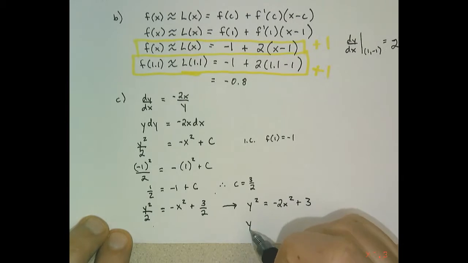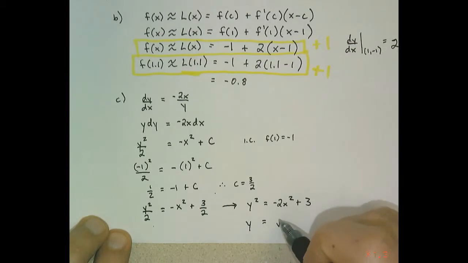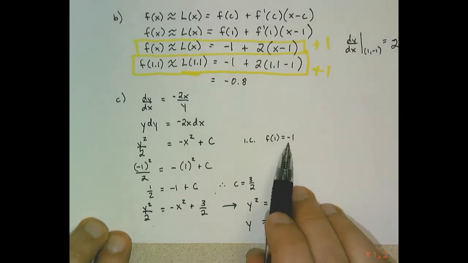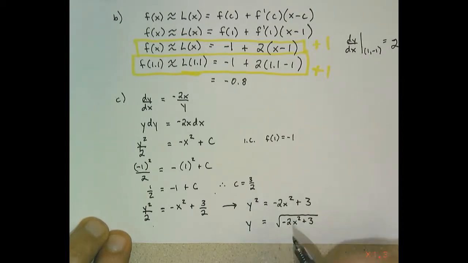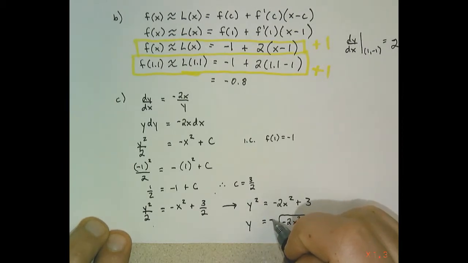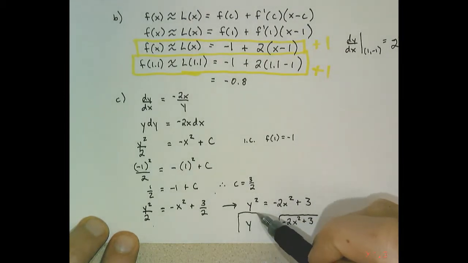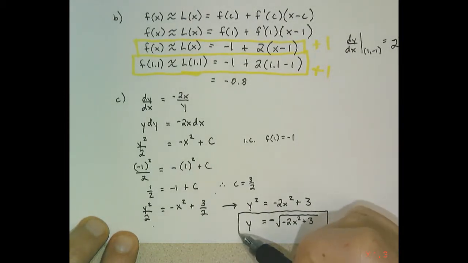And then square root both sides. Now when we take the square root, recall that it introduces an absolute value, which consequently introduces a plus or minus. We need to decide between a positive or negative root, and that comes from the fact that our initial condition was a negative y value, so we want to have the negative root instead of the positive root. And that's a very subtle detail right at the end.